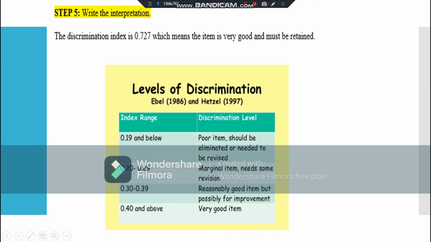Looking at our table, an item discrimination from 0.40 and above is a very good item, and 0.727 is above 0.40.